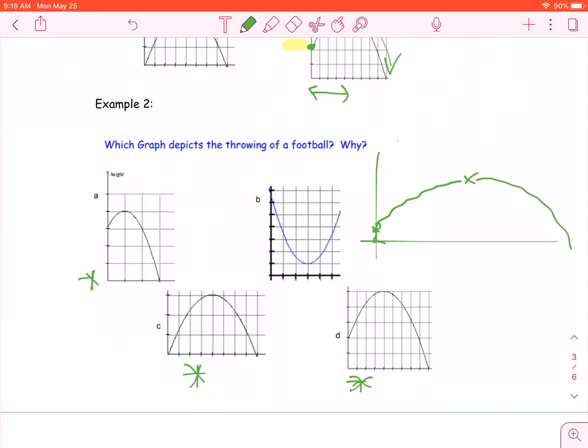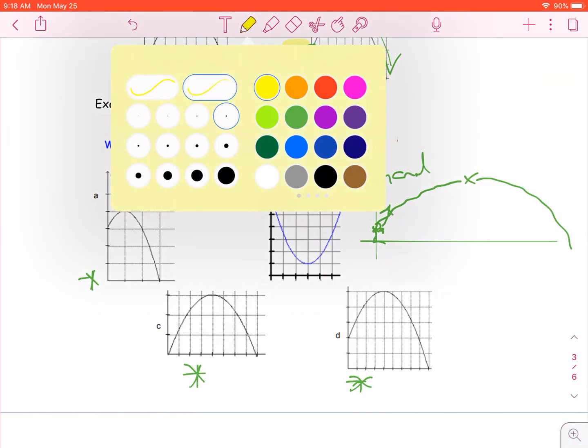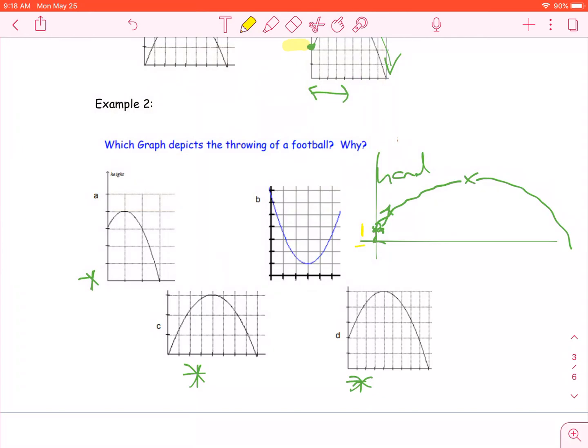Now typically when you throw a football, you're throwing it from your hand, right? So meaning you're already a certain height above the ground. So we're not starting at ground level. And we're definitely not throwing the ball below ground level unless we're throwing it underwater and it somehow resurfaces up.